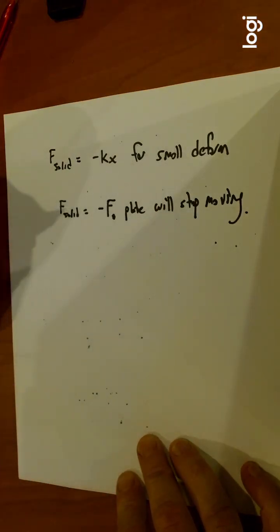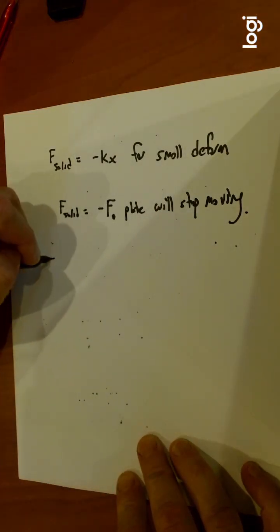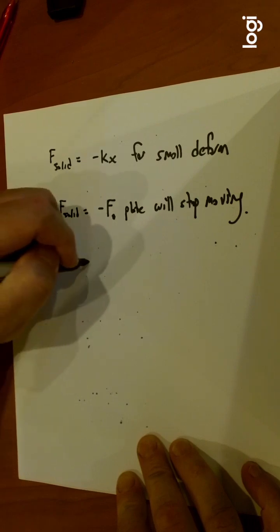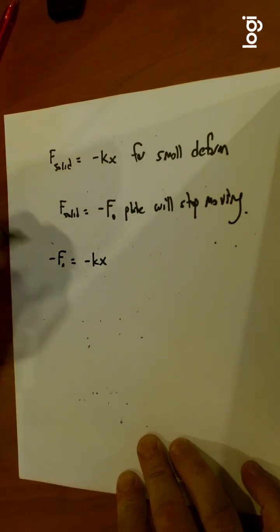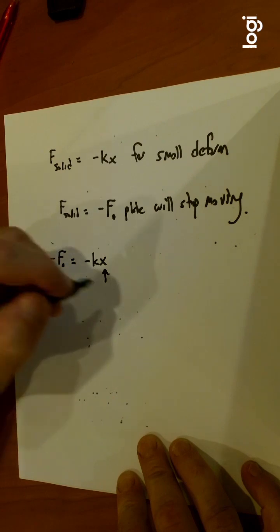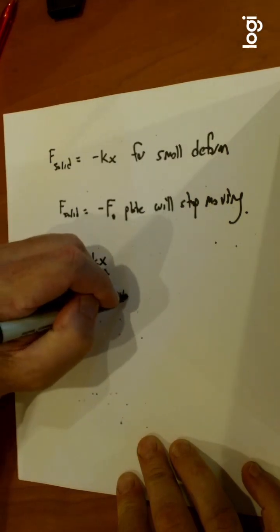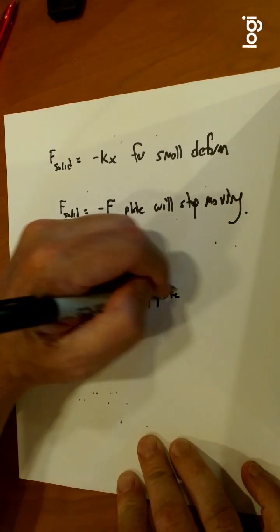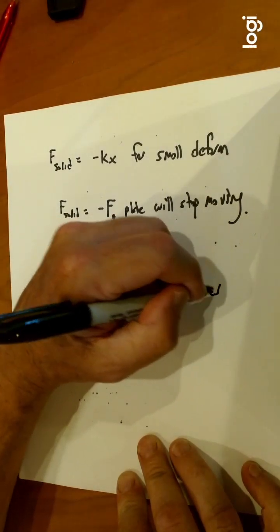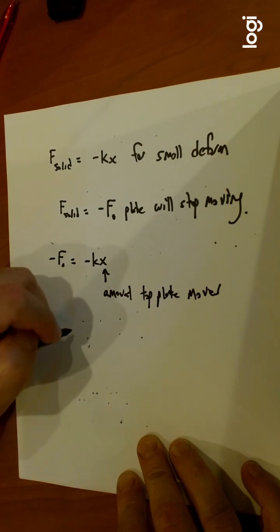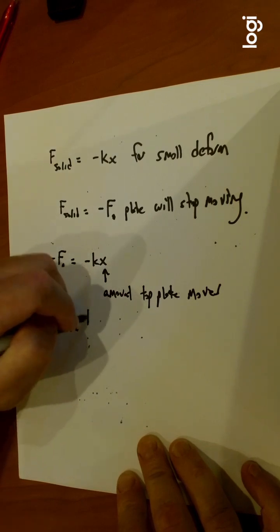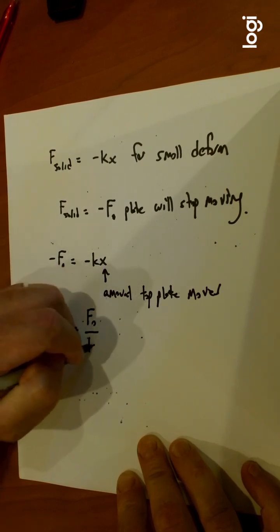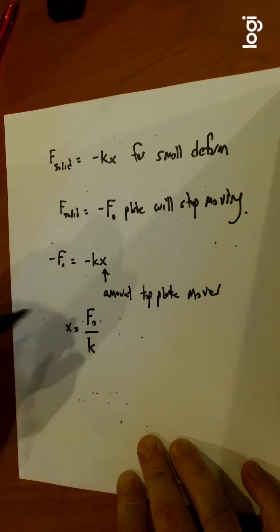So obviously, if you take that together, you say, well, that means that minus F naught will equal minus kx. And so x, which is the amount the top plate moved, is going to depend on the force. And that makes sense. If you apply more force, you're going to expect that x to be larger. And of course, if you apply less force, it will be less.